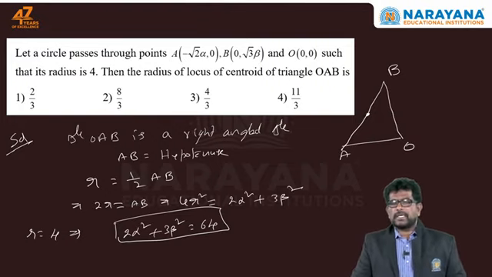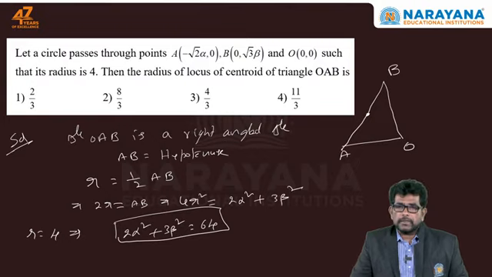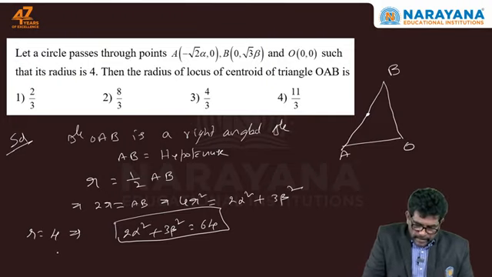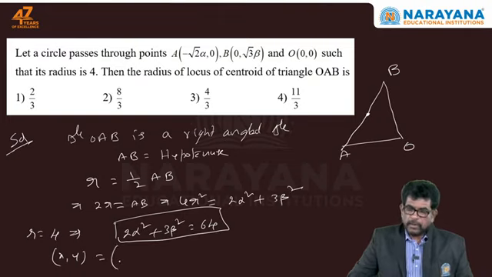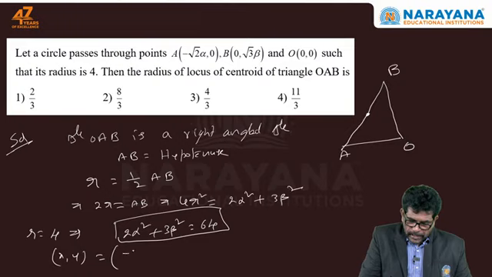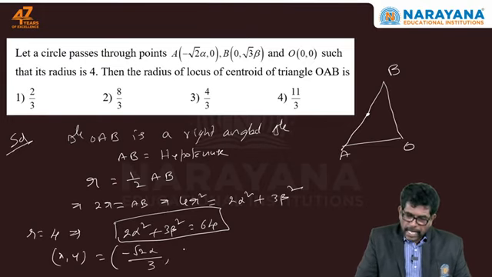Centroid formula we know that. Centroid is equal to the average of the x coordinates comma the average of the y coordinates of the vertices. So centroid I consider as x comma y. X comma y is equal to the average of the x coordinates, here minus root 2 times alpha by 3, comma, the average of the y coordinates is root 3 beta by 3.